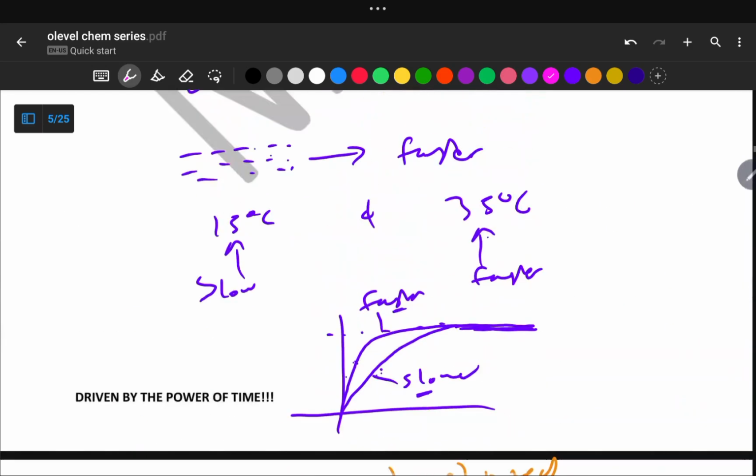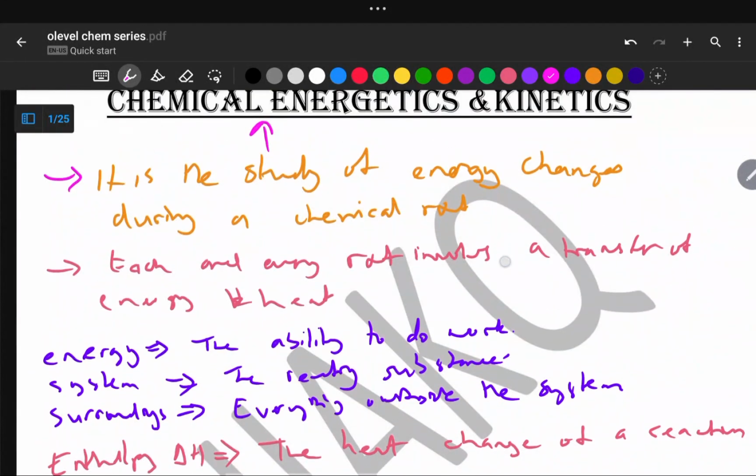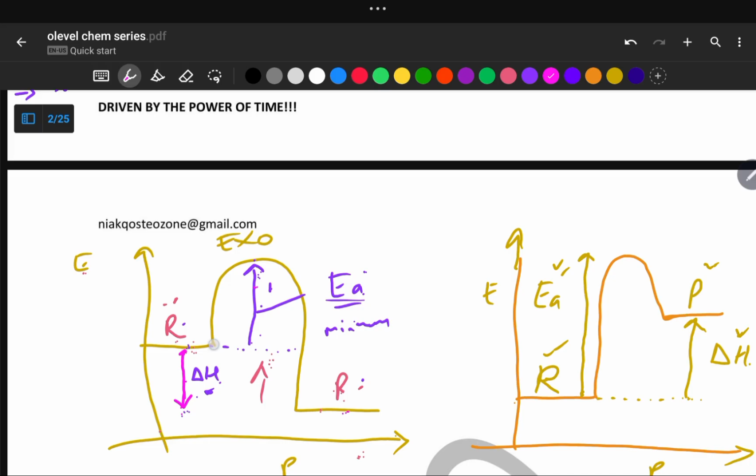At times a catalyst can be introduced in energetics, right? So when a reaction is catalyzed, we're going to use lower activation energy. This is the activation energy, right? Here we have a reduced activation energy. So this one is the catalyzed reaction, and this one is the uncatalyzed reaction, the one without a catalyst, right?